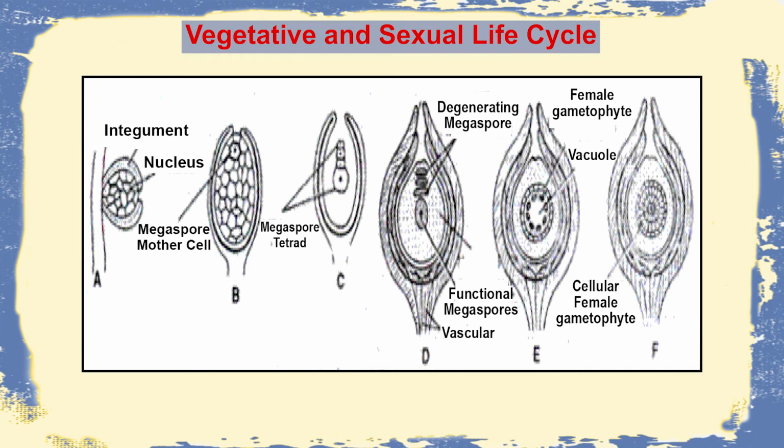At this point of time, there will be gradual nuclear division which will produce the endosperm, which is haploid in nature, followed by vacuolation. This central vacuolation will be followed by gradual wall laying down, as a result of which there will be cellular endosperm produced along with the functional egg or ovum developing inside the megaspore.